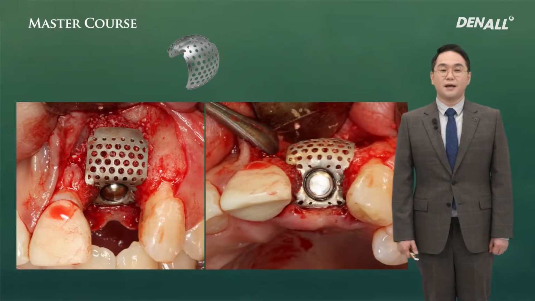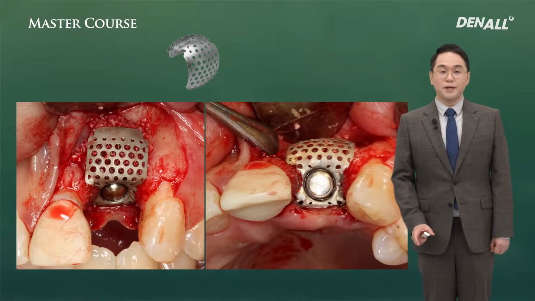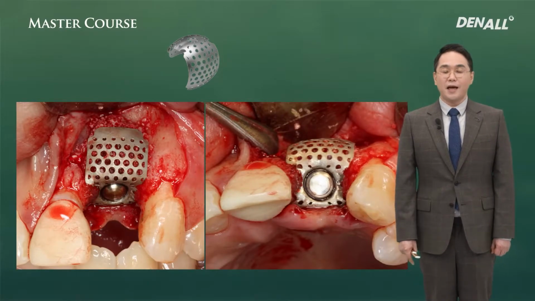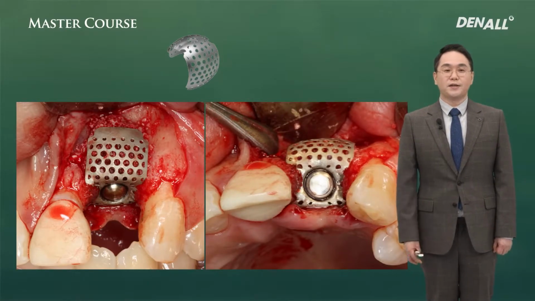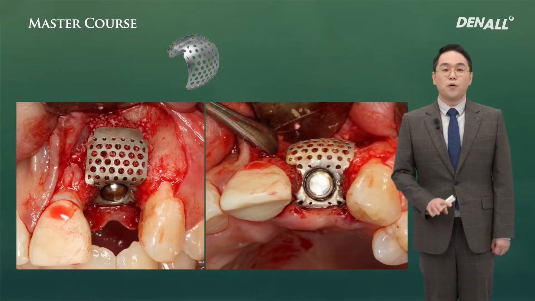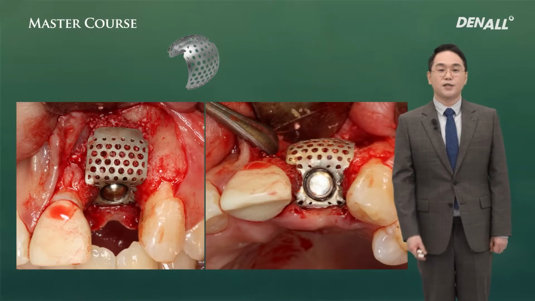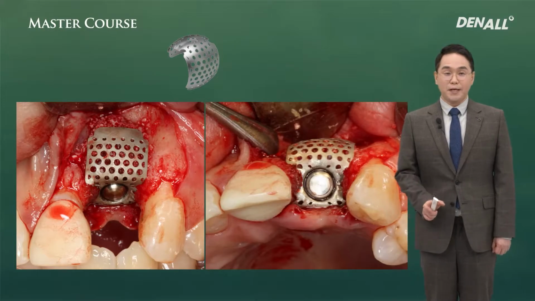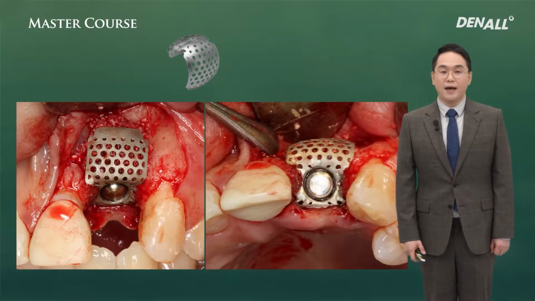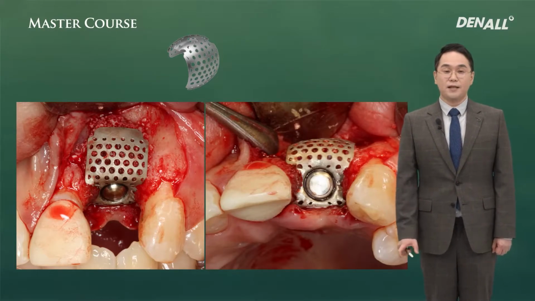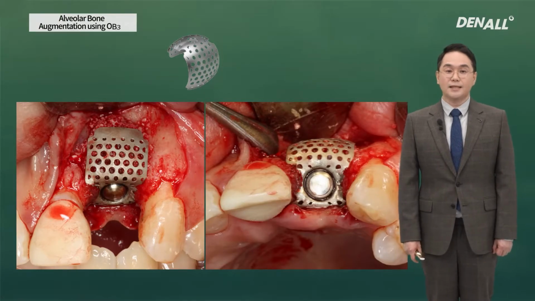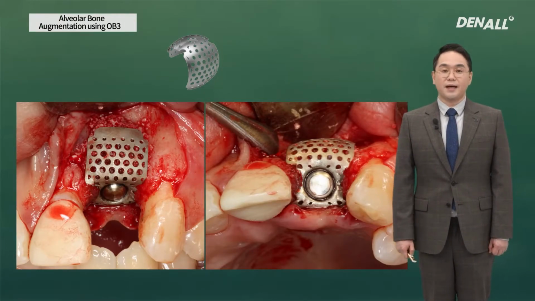a Jawbuilder is used. The Jawbuilder is not the vertical augmentation type, but horizontal augmentation type, primarily to augment buccally. A small Jawbuilder is used. The mesiodistal distance is 10 millimeters, as it is for a single implant.